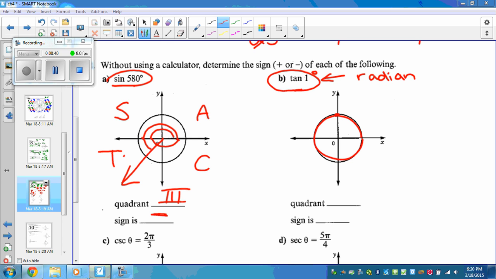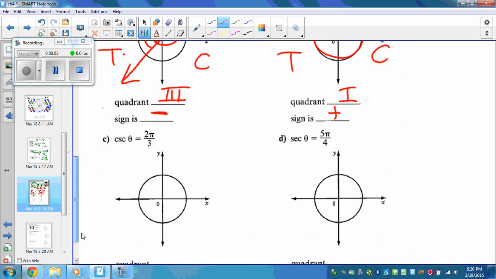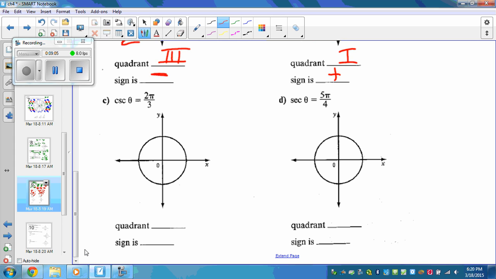Pi over 2 is right here, or 90 degrees. So 3 divided by 2, is that greater than 1 or less than 1? That's greater than. So this angle is going to be somewhere in here. It's going to hang out in quadrant 1, and it's going to be positive. Everything is positive. So you guys have a couple more to try from question 2.